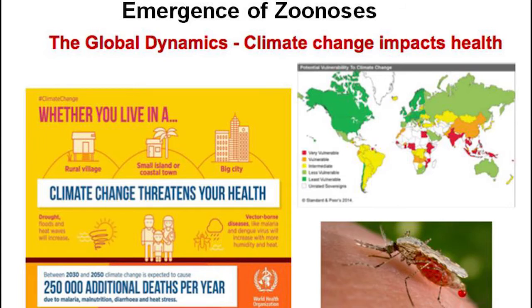There is also the global dynamic of climate change. Usually after heavy rains and floods, for example malaria comes after heavy floods, so climate change is becoming a reason for the emergence of zoonotic disease.